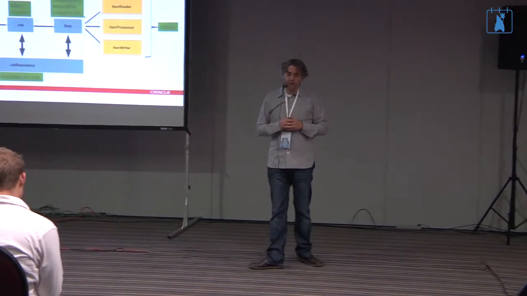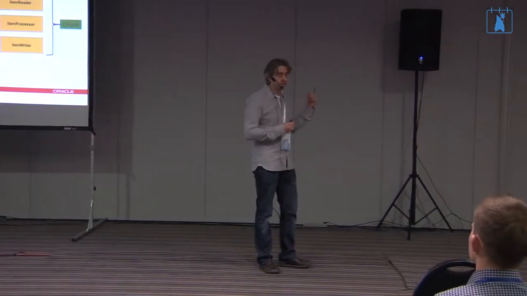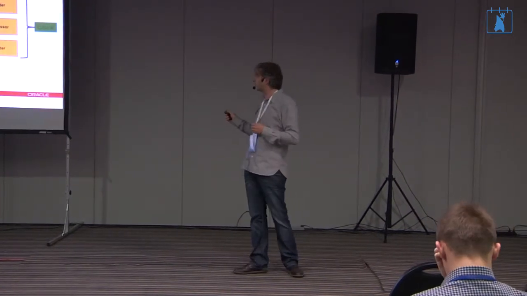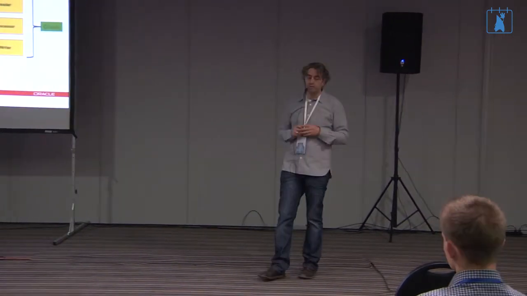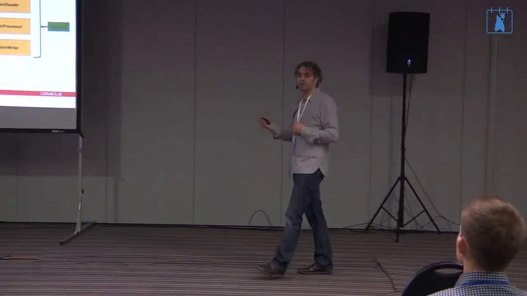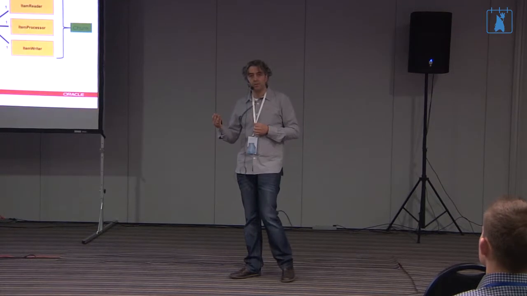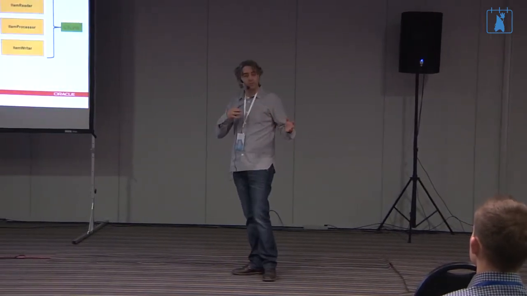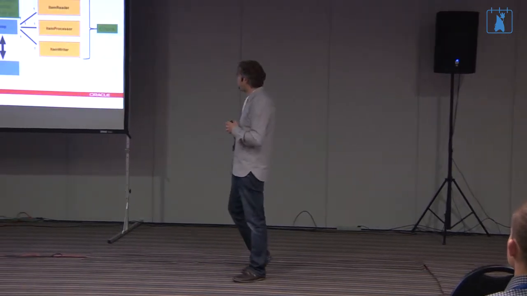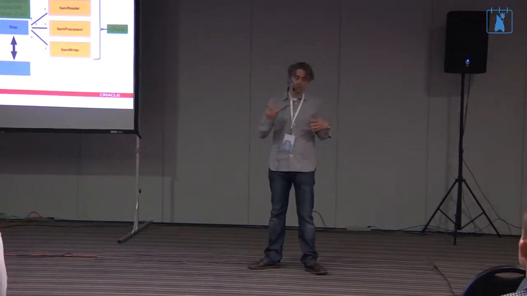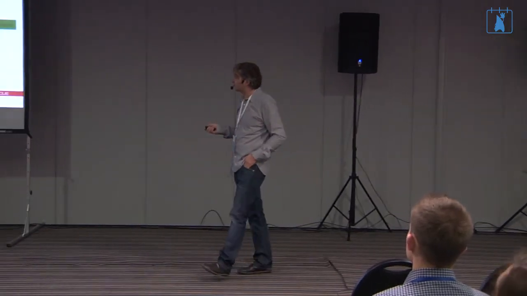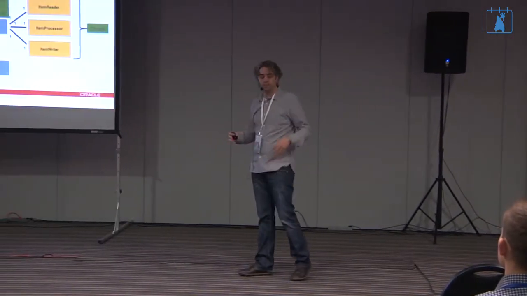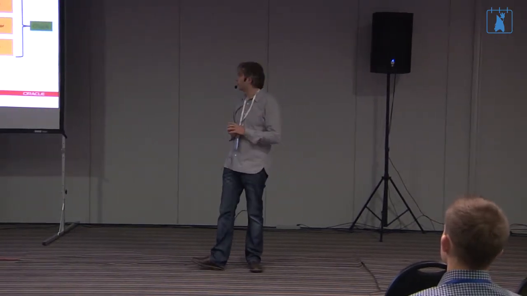So JSR 352 defines two things. A Java API that you will use to write your steps. And it also defines the JSL, the job specification language, which is used to assemble the different steps to form a job. And if you have done your job correctly, the idea is that you will easily be able to reuse your different steps to create different jobs.